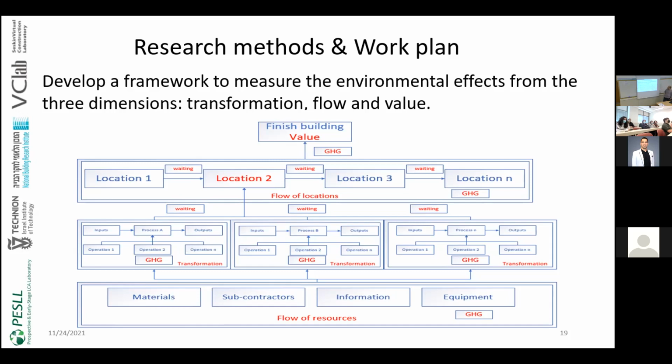So this framework aims to capture all the different greenhouse gases in these steps: during the flow of resources, in the transformation itself, and in the flow of locations, which are represented by the resources consumed during the building. And it includes the different types of waste, like waste of waiting, over-processing, overproduction, rework.